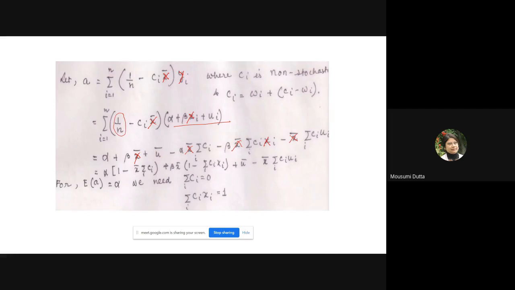Once you understand this step, in the next step I am taking alpha common. So alpha is there in the first and the fourth term. If I take alpha common, 1 minus x bar into summation Ci. Then I'm taking beta x bar common. Beta x bar is there in the second term and in the fifth term.